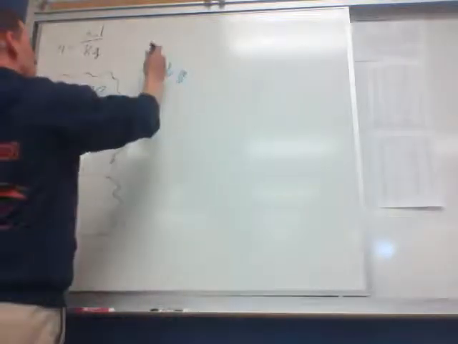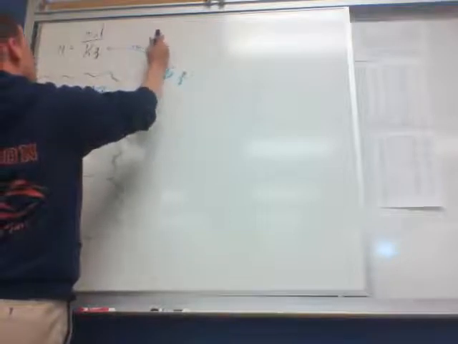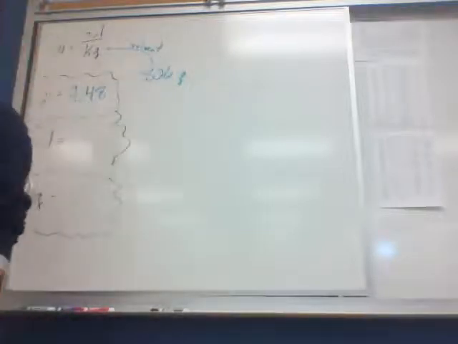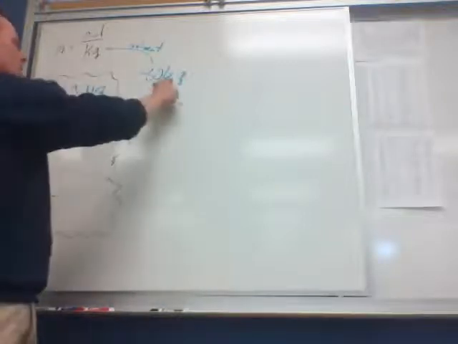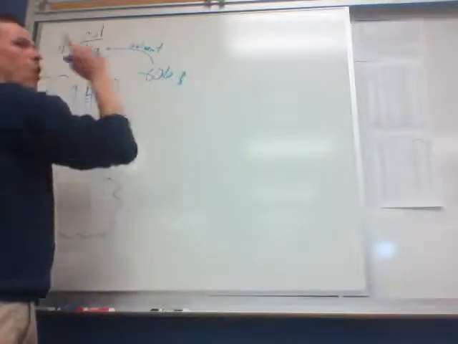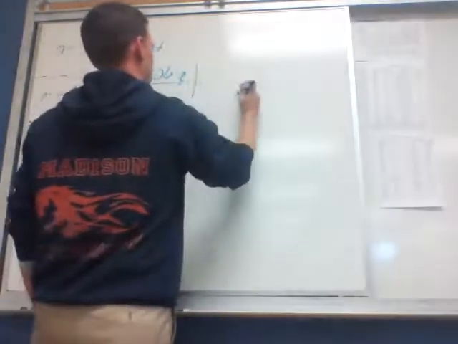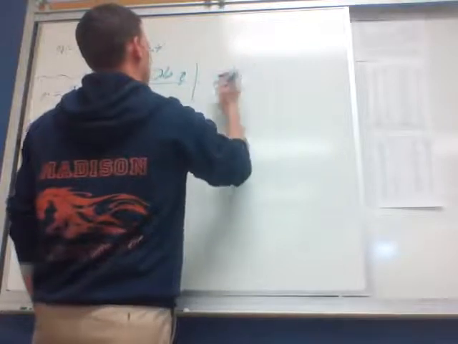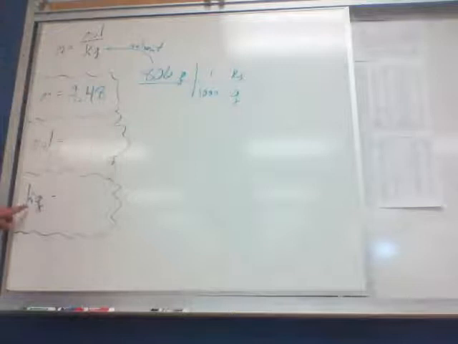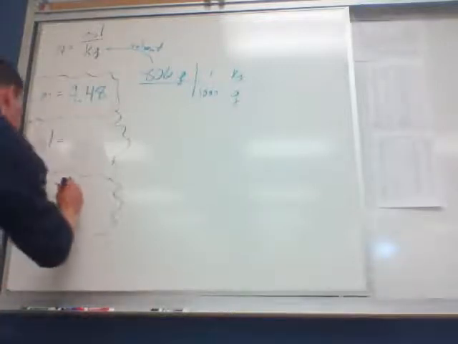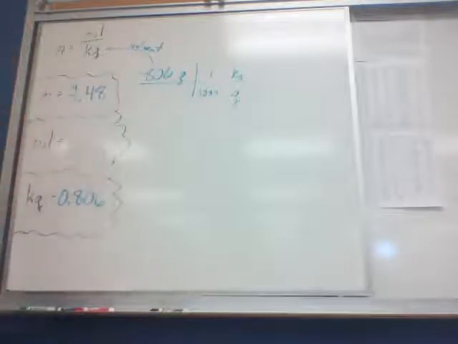So I'm going to assume that this is the solvent and needs to turn into kilograms. I can easily turn my grams into kilograms by doing a decimal slide 3 to the left. Or you could put grams down there, kilograms up there, and say that there's 1,000 of those in one of those. Either way, your kilogram will come out to 0.806.